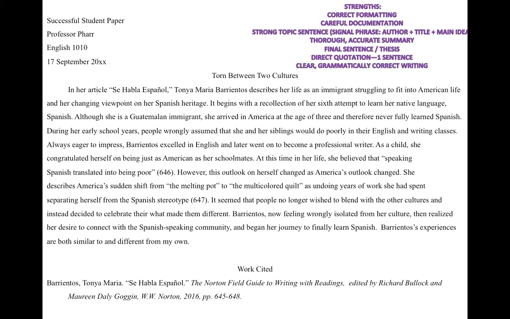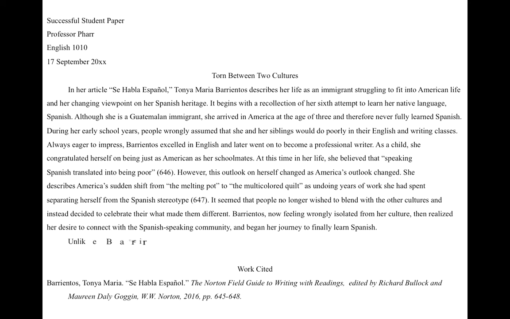And then throughout this paragraph, we have clear, grammatically correct writing. It's well written. It's been edited. It reads clearly. Now, this paper also includes the two topic sentences for the two body paragraphs, and they're on topic.